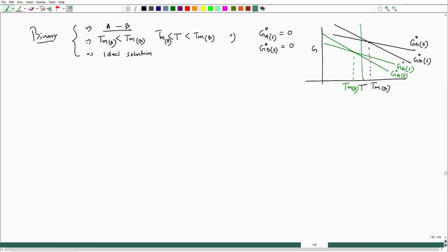That consideration fits in properly, because solid B is stable and liquid A is stable at temperature T. And then accordingly we got a plot like this.